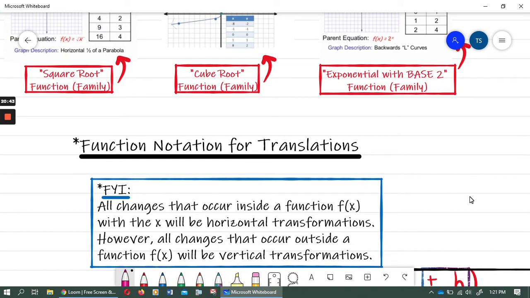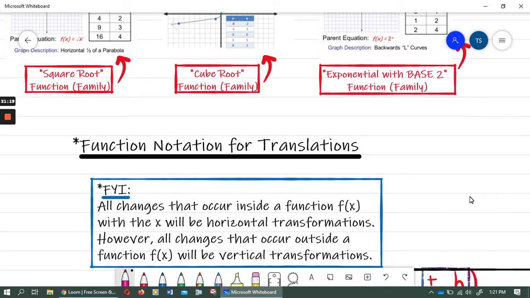But on the other side of things, however, guys, all changes that occur outside of a function will be vertical transformations. And maybe something that could help you remember that is thinking about it like this. The word inside sounds a whole lot like input, right?